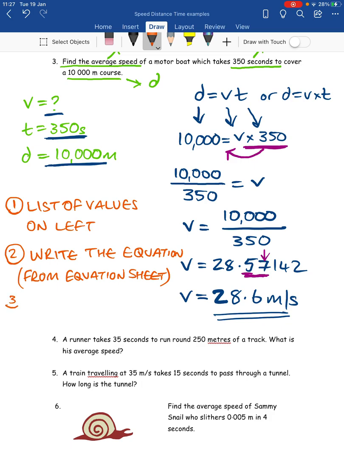Your third step is to substitute. And by substitute, what we mean is replace the letters in the equation with numbers.